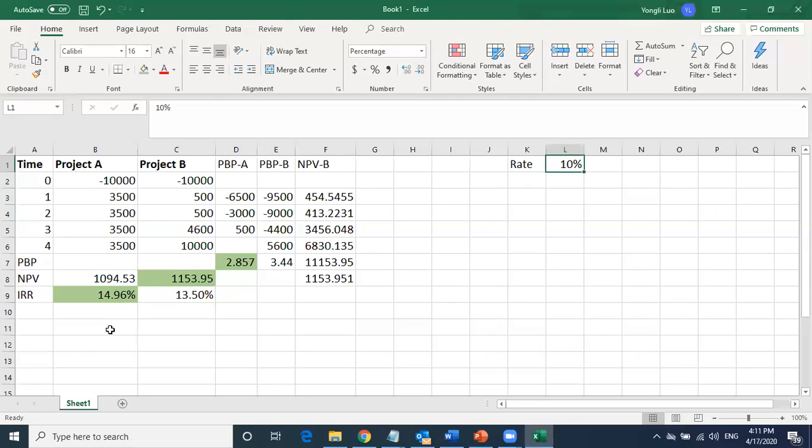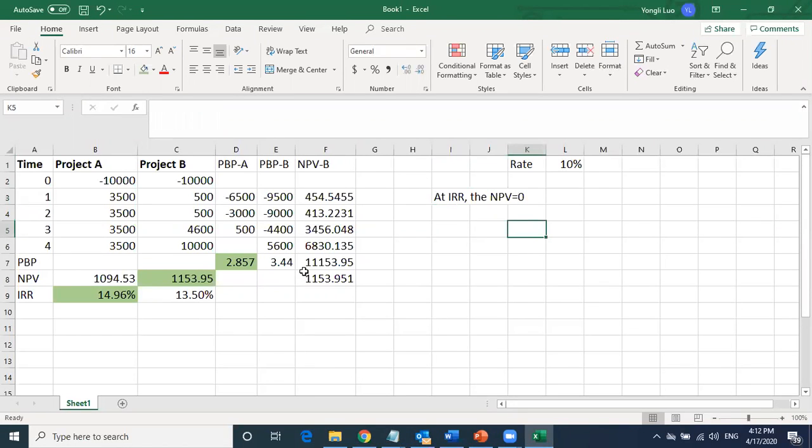So what does the internal rate of return mean? The internal rate of return gives you a net present value equal to 0. So in conclusion, at the internal rate of return, the net present value will be 0.